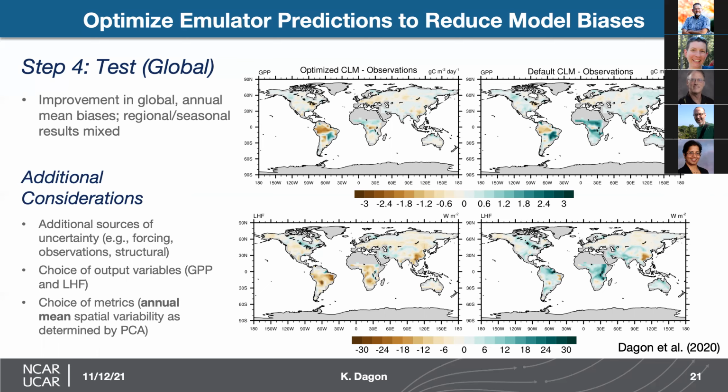We've only focused on GPP and latent heat flux here. We also didn't really take into account the seasonal cycle. So I brushed over this before, but when we do the PCA, we're doing that on annual mean output from the model. So we're not taking into account variation across the seasonal cycle. So that could be another useful dimension of the calibration to actually look at, how that varies with time.